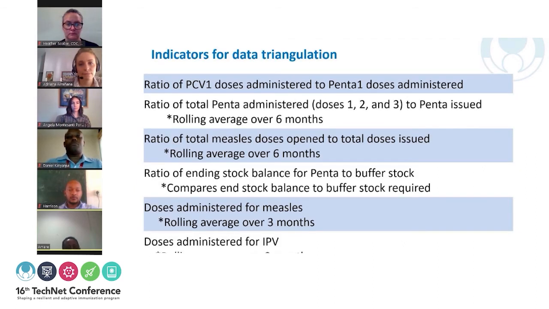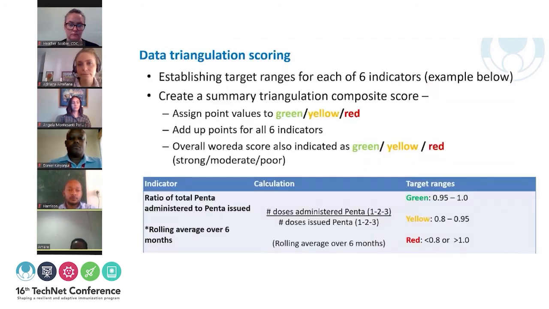We identified 6 key indicators from these two data sources. We also determined the operational definitions for each indicator, and created target ranges for each indicator, what it means for that specific indicator. And then we created a triangulation composite score.